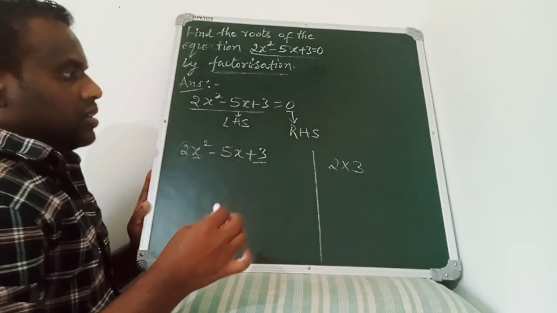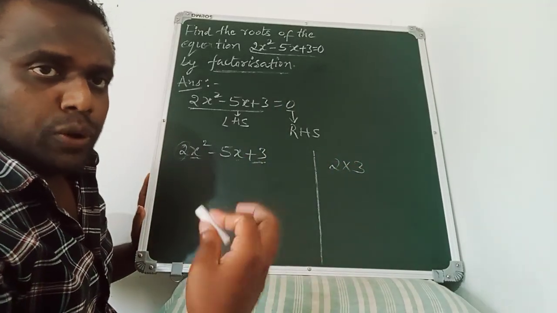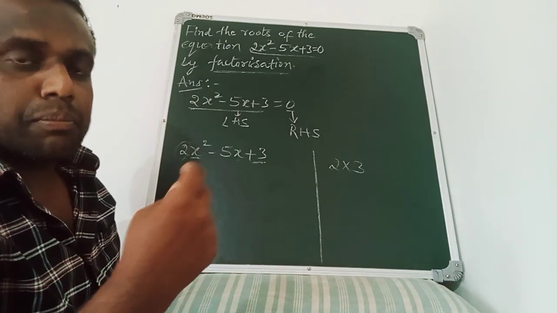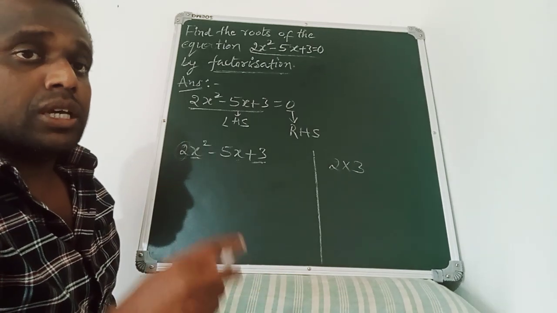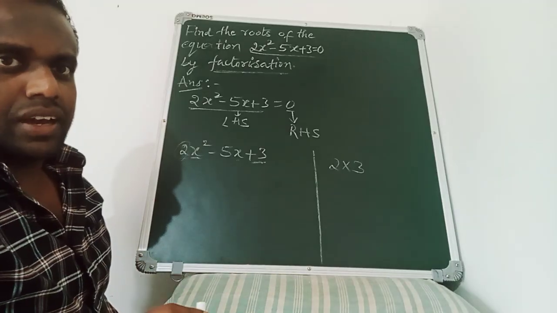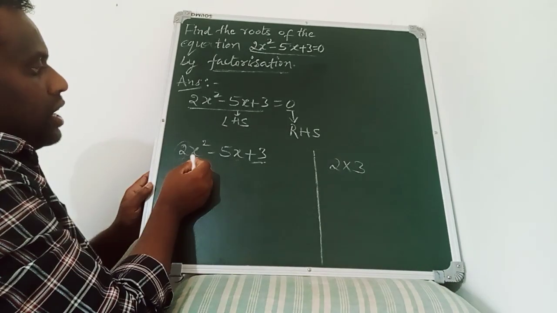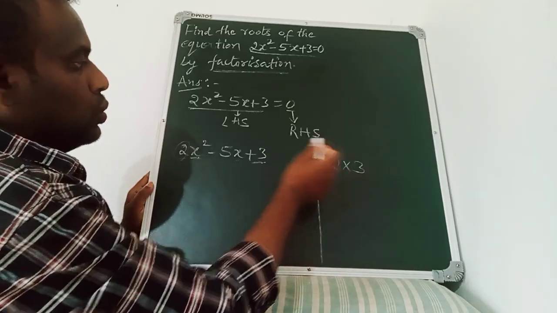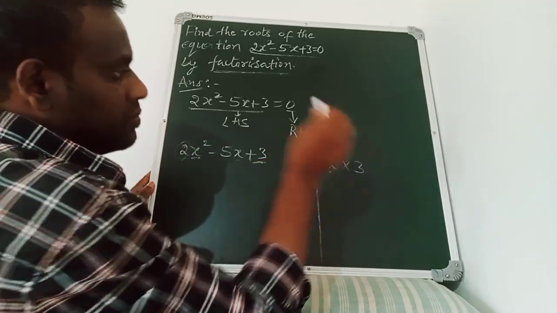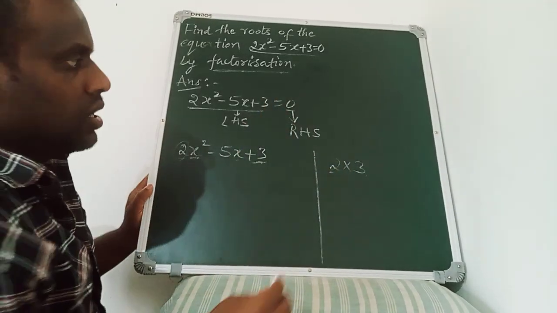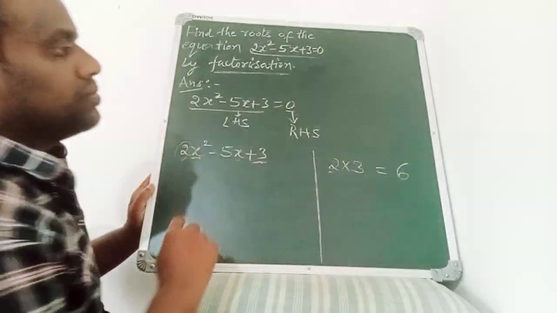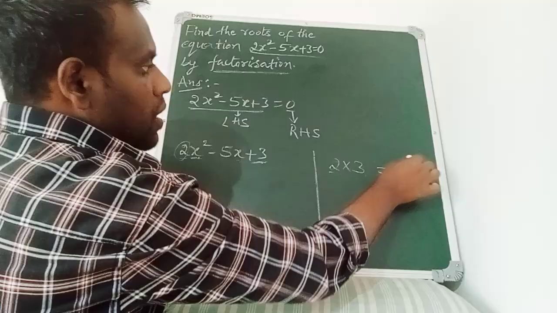Remember, whatever I am going to explain, the process or method of factorization is the same for any equation. So first take the coefficient of x square separately, 2, and then the constant 3. Now multiply these two. What will you get? 6.